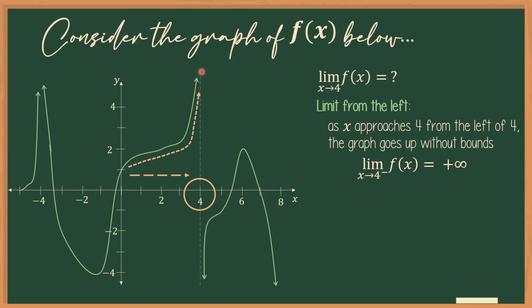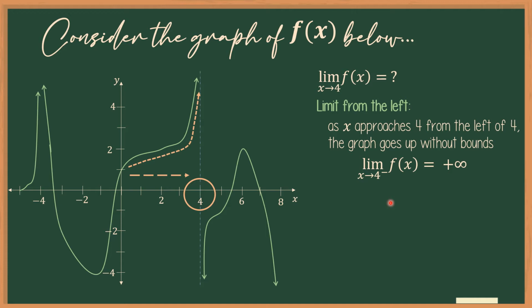The values of the function are getting closer to that value. Since in this case the graph increases without bounds, it means the limit does not exist, but we put infinity to be specific about the behavior of the function, that it increases without bound.